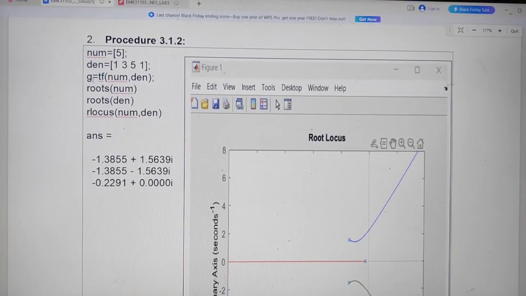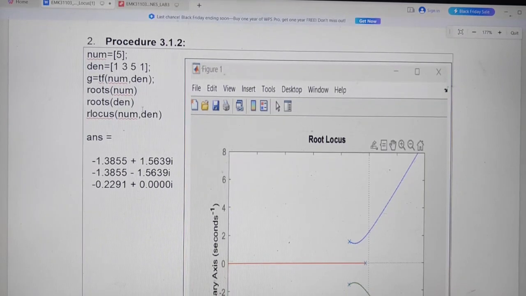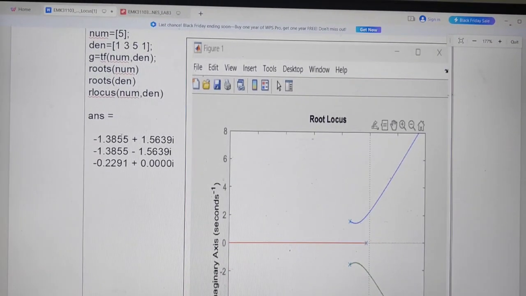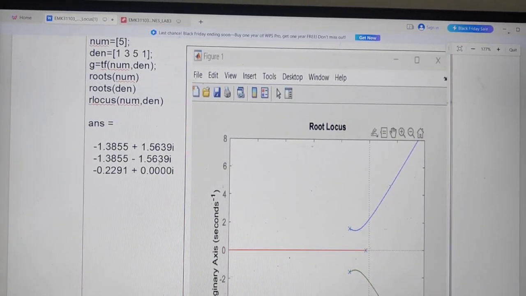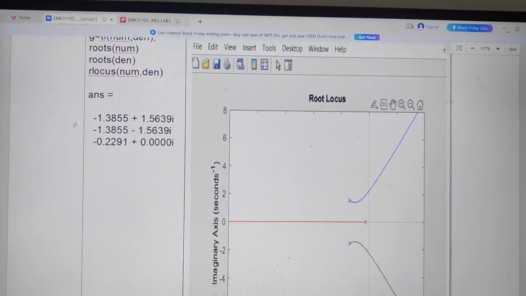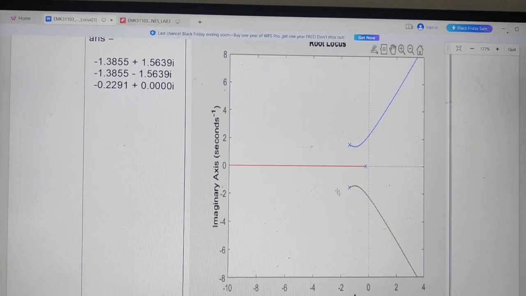So this is the GTF with the denominator and the numerator, and these are the roots for the numerator and denominator, and the root locus. By doing this, we get this answer. The first is the blue one, the second is the red one, and the final one is the green one.